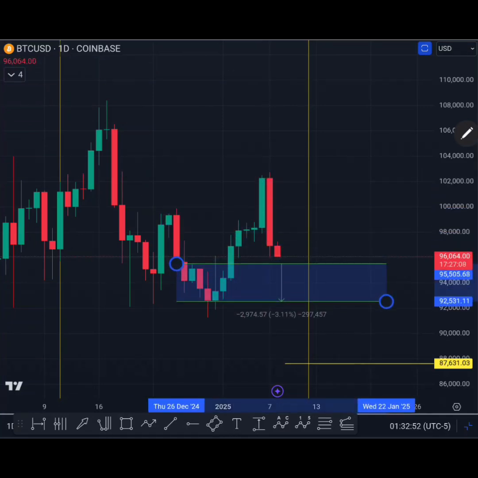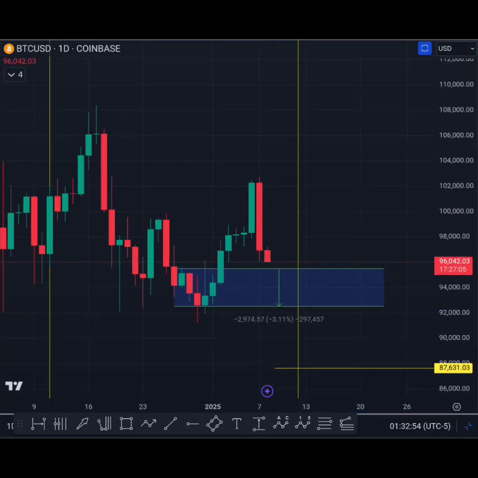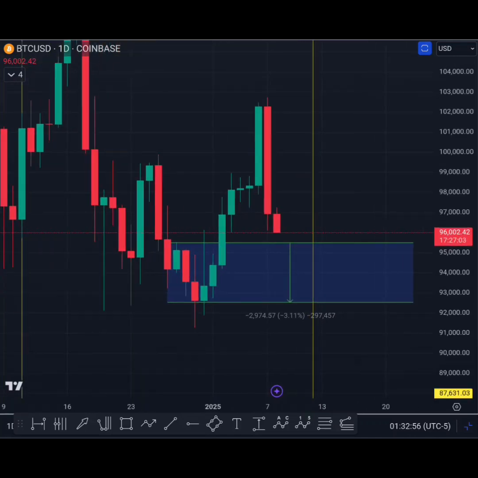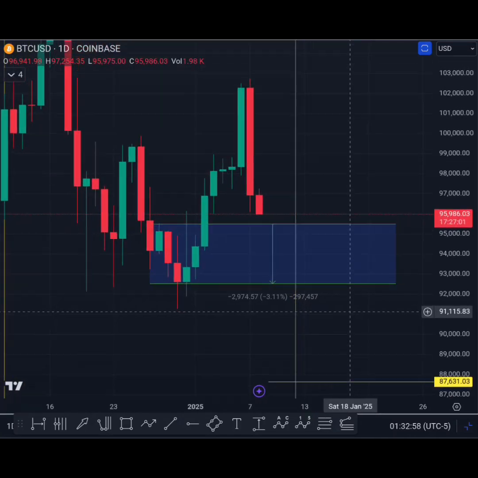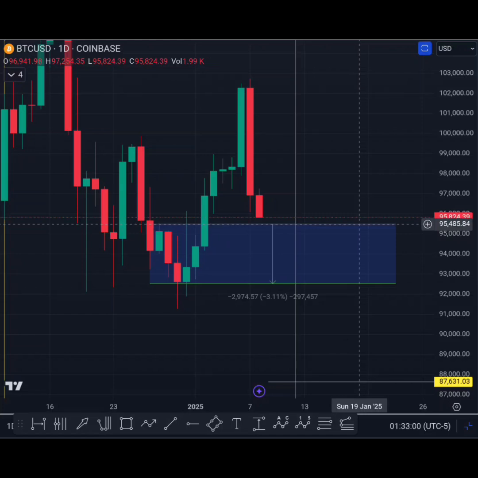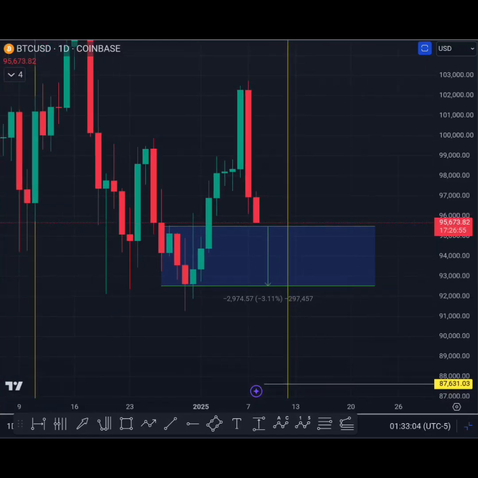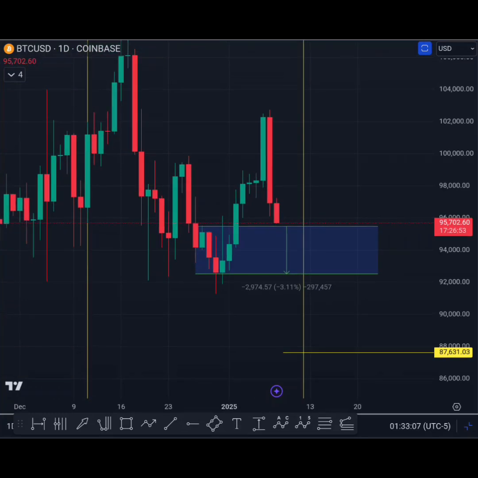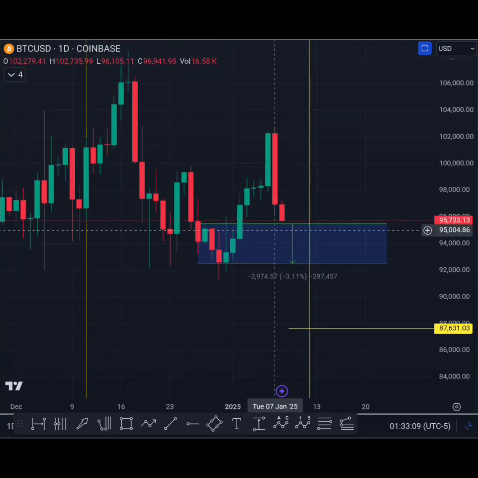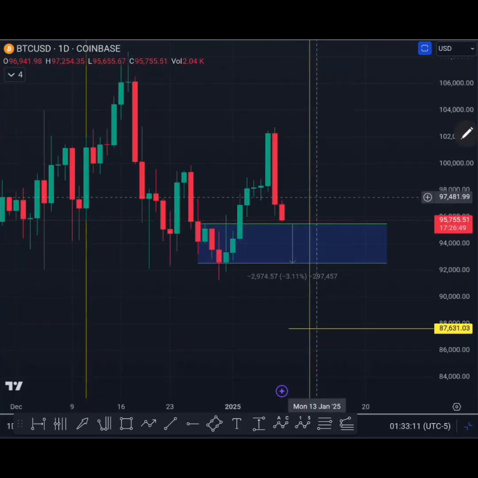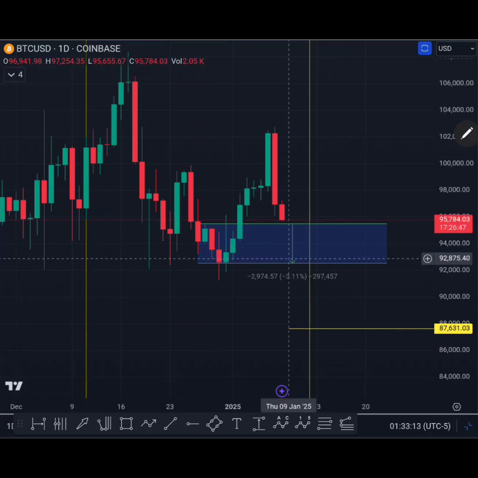So where would you find the higher low? Right around this area. 95,485, which price is about to get there. So we'll see if that area holds. If not, look for 92, then a bounce, and then a break of the low.